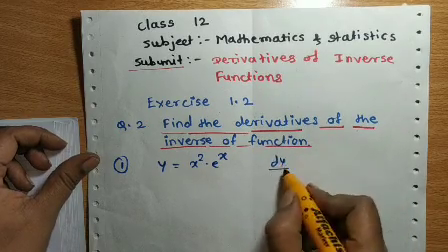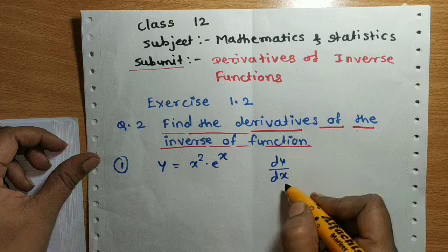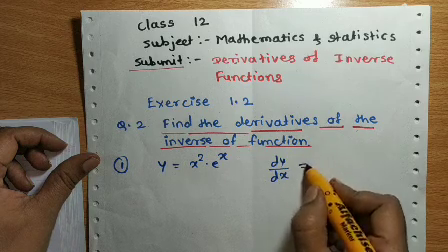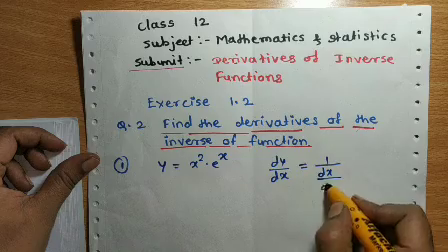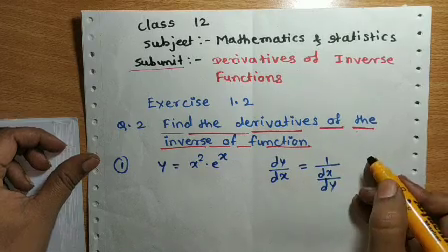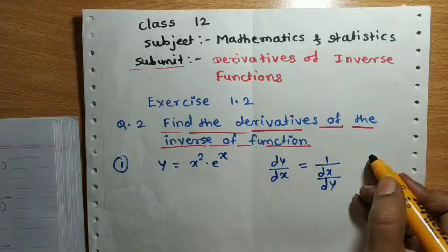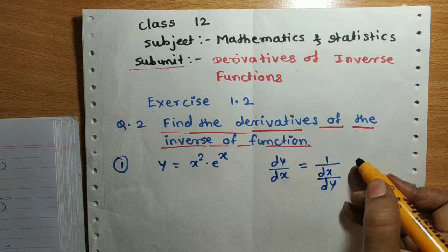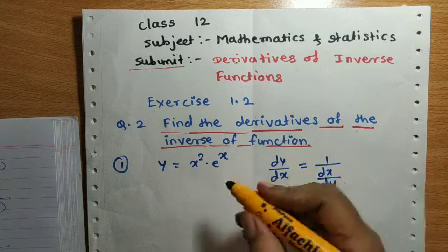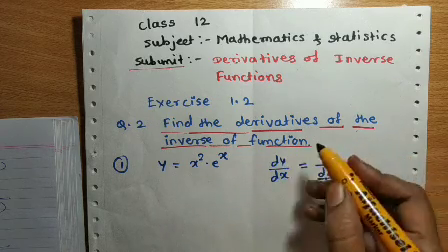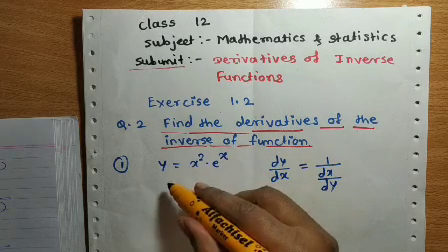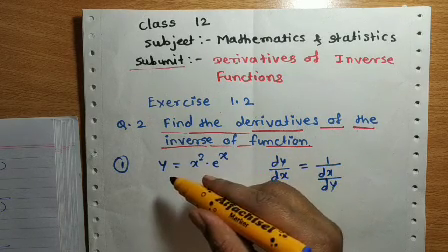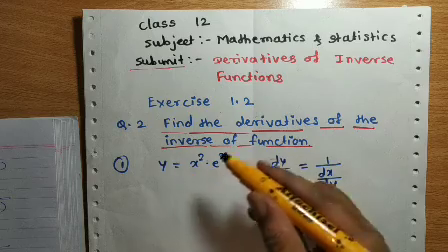Suppose the derivative of the given function is dy by dx, and the inverse of this becomes dx upon dy. By using the formula, we solve the last question. But in this question, we simply find the derivative of y and then find the inverse of that.